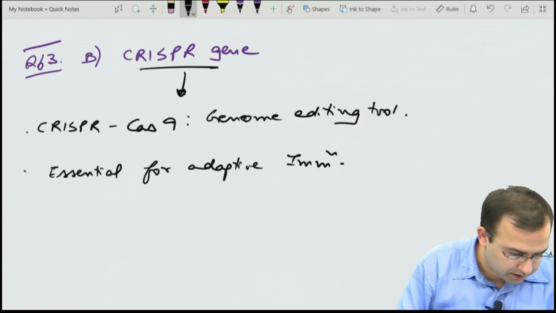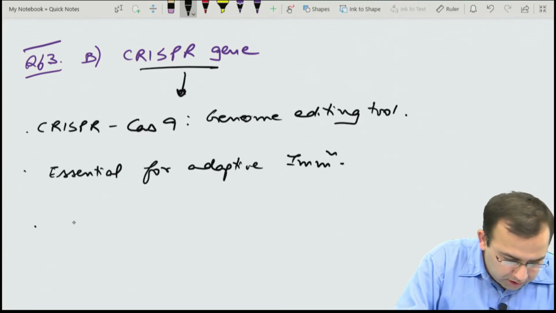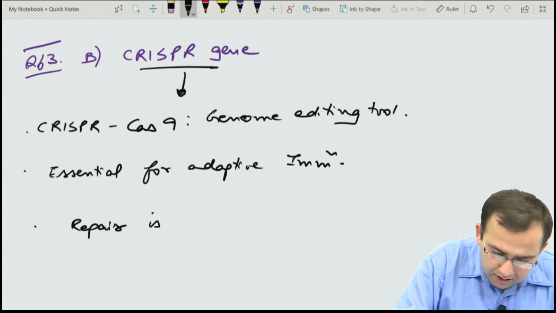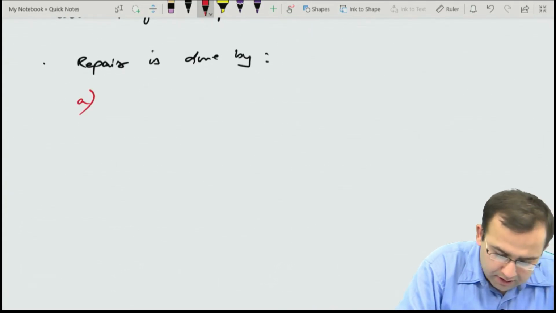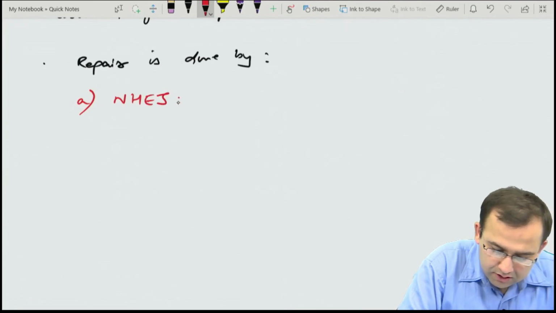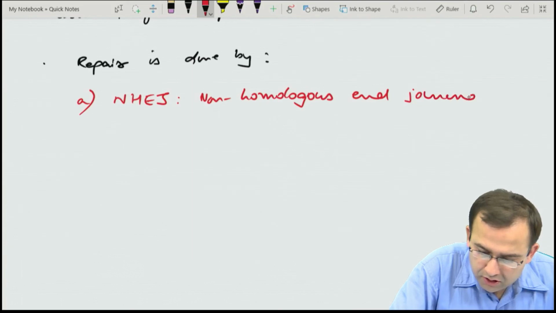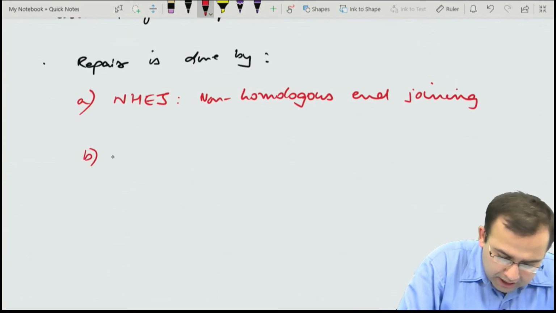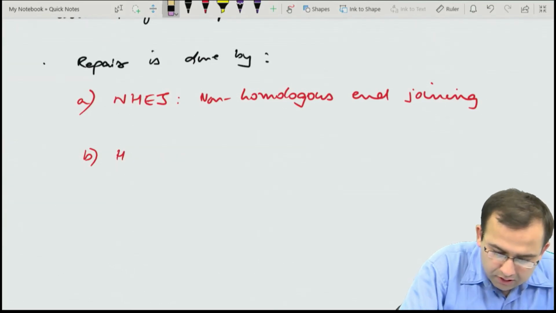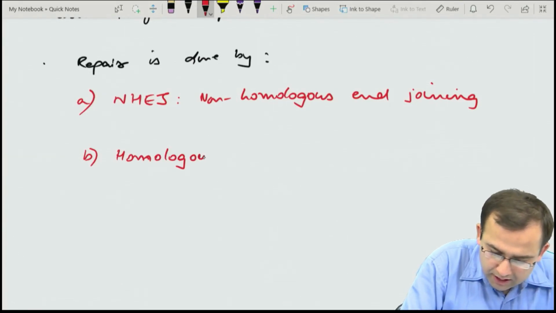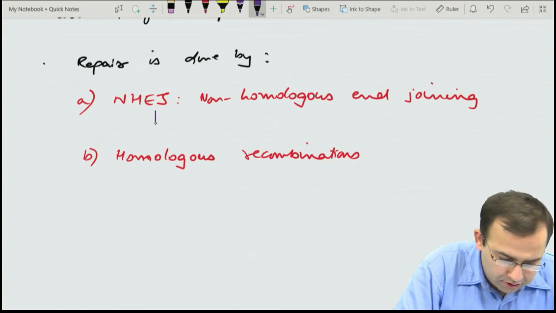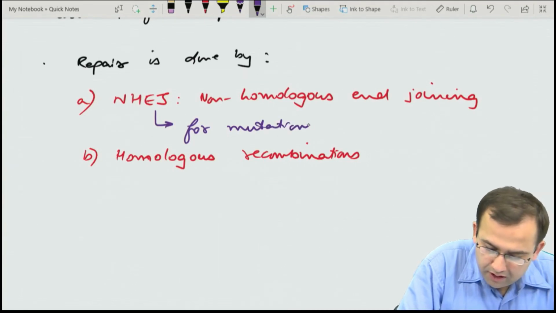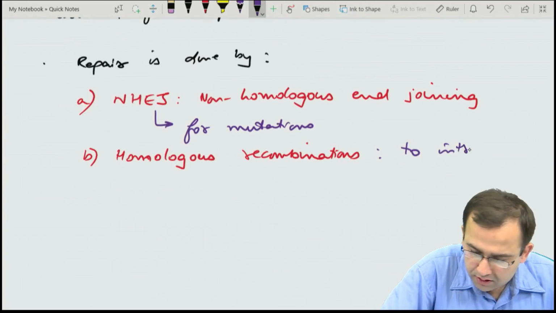This is CRISPR. Next point, in CRISPR the repair is done by two techniques: NHEJ, non-homologous end joining, and homologous recombination. NHEJ is for mutations, whereas homologous recombination is to introduce new sequences.